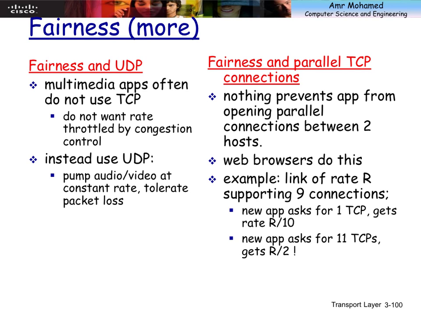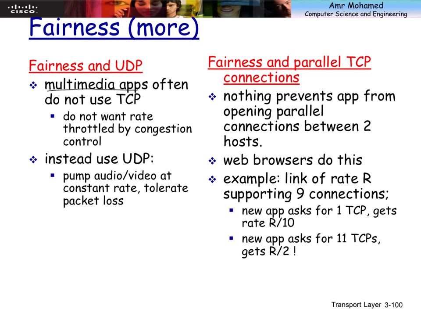Fairness, of course, in UDP, we did not talk much about UDP, but UDP does not provide flow control, does not provide congestion control. It doesn't have any connection establishment or anything. And we know from 455 and other courses that it's still an attractive transport layer protocol for applications like multimedia.